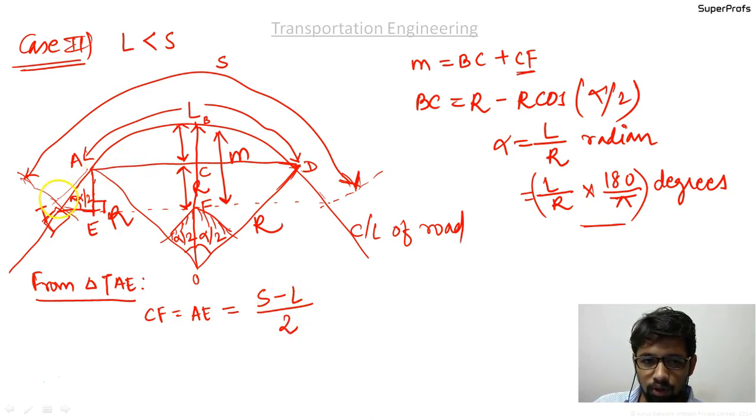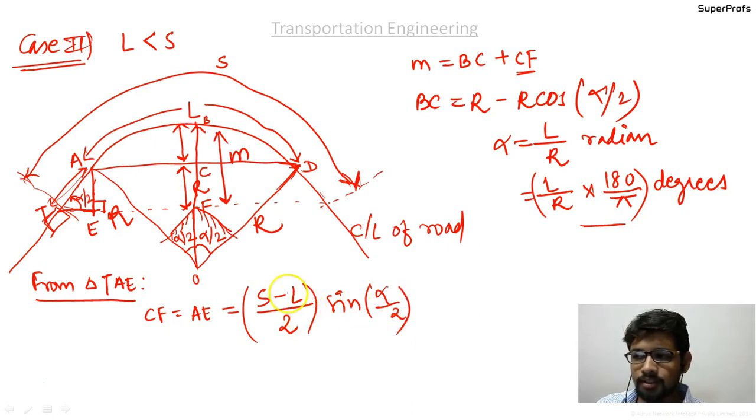So this distance TA is S minus L by 2, and if you just multiply it with sine alpha by 2, what you will be left with is AE. So S minus L by 2 stands for this distance, and sine of alpha by 2 times it will be distance AE.